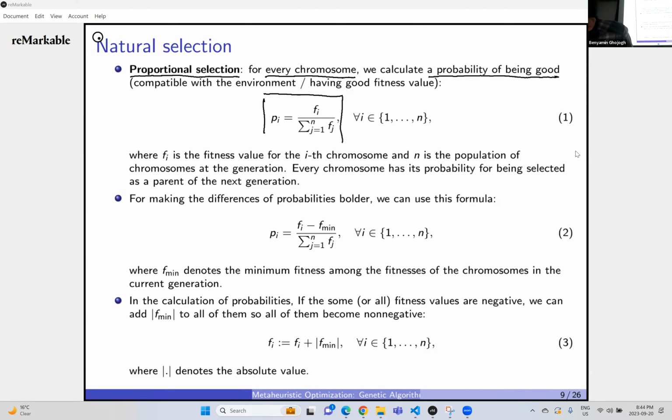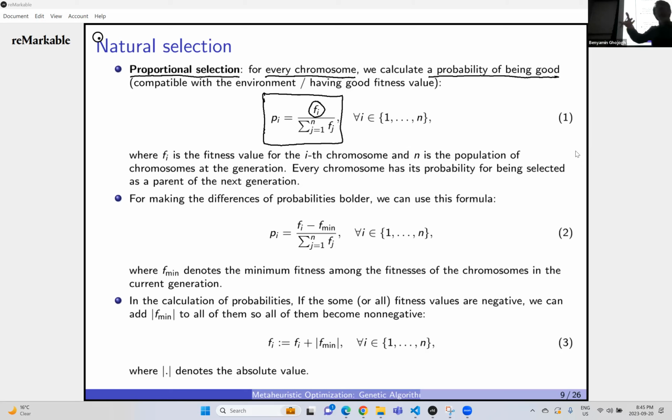And what is that? It's fitness Fi over the summation of Fi. So I have a bunch of fitnesses, but I want them to behave like probabilities. I told you the technique was dividing them by the sum of them. So assume I have n chromosomes, so I have n fitnesses. I divide each fitness by the summation of fitnesses, and they become between 0 and 1, and they sum to one, so they behave like a probability.